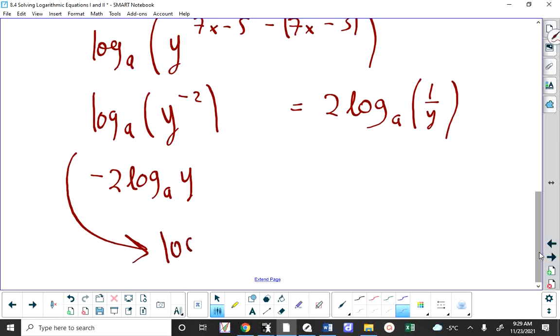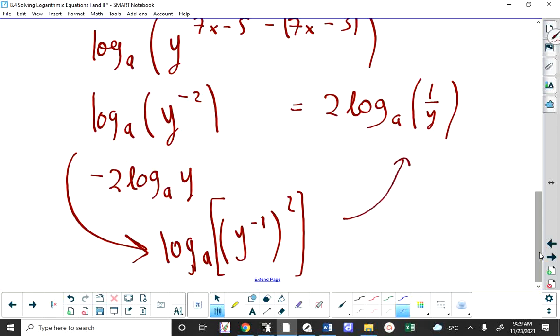This is log base a of y to the negative 1 squared, isn't it? Because negative 1 times 2 gives you negative 2. And I can move that 2 in front and have y to the negative 1, but y to the negative 1 is 1 over y. You can always flip the argument over and change it from positive to negative or negative to positive.